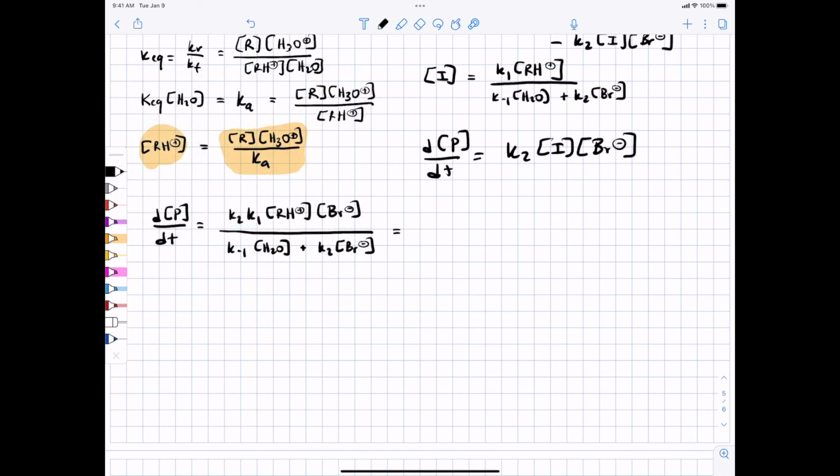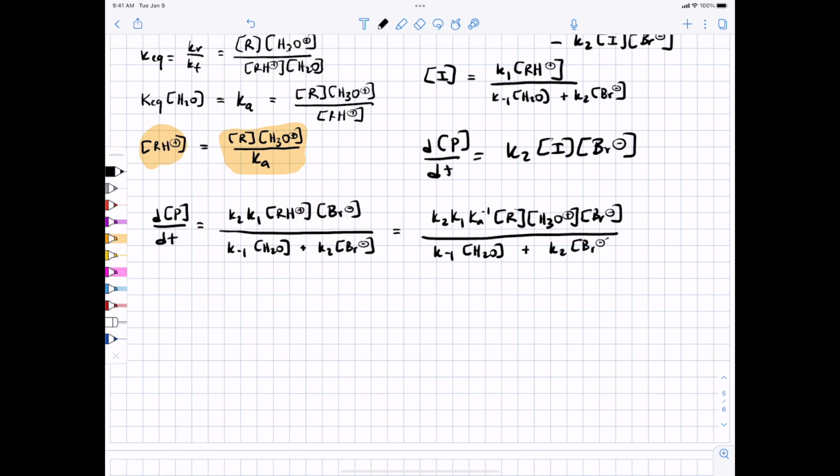So I might rewrite this expression as K2, K1, and then we'll say Ka to the negative 1 times R times H3O plus times Br minus. And then we'll divide that by K minus 1 times H2O plus K2 times Br minus.